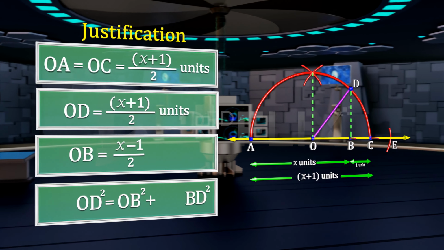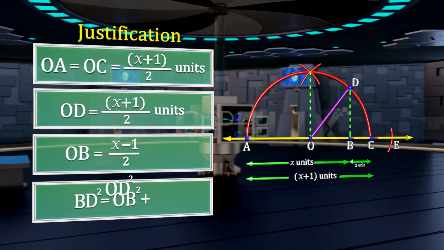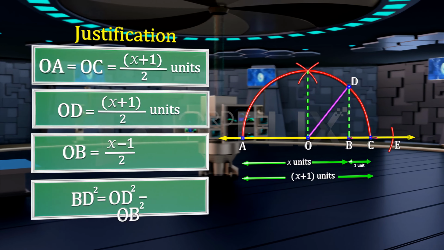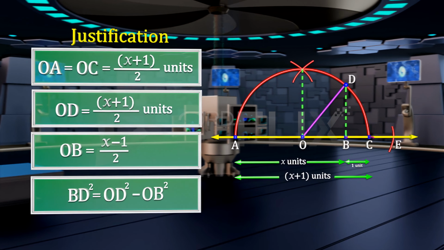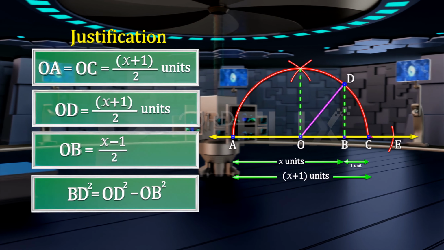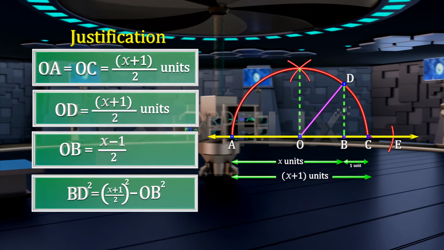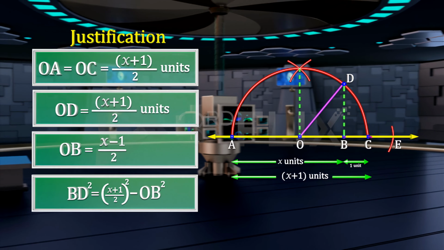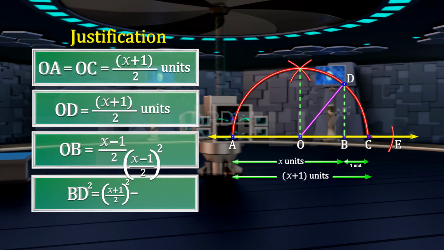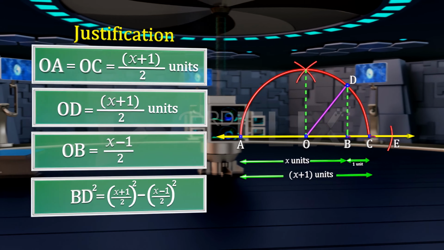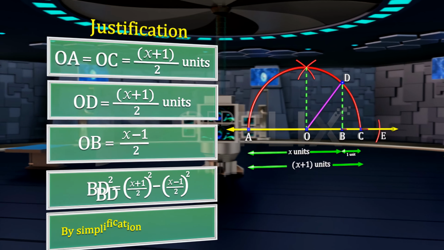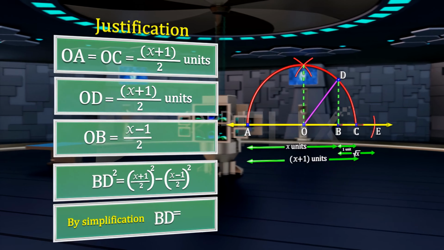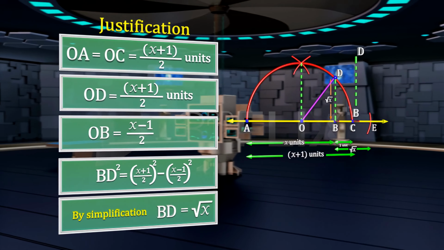This implies BD square equals OD square minus OB square, which implies BD square equals ((x plus 1) by 2) whole square minus ((x minus 1) by 2) whole square. BD equals root x.